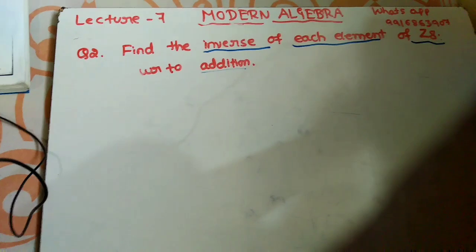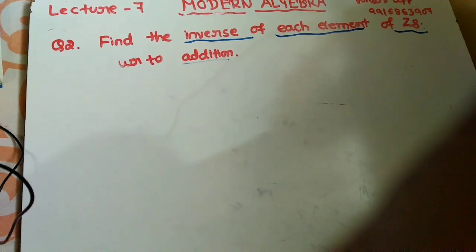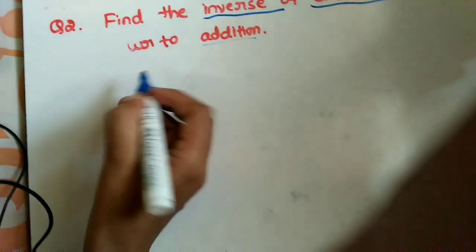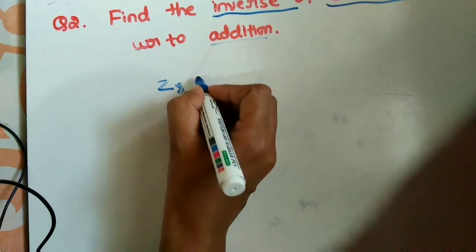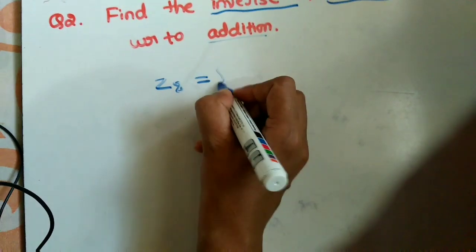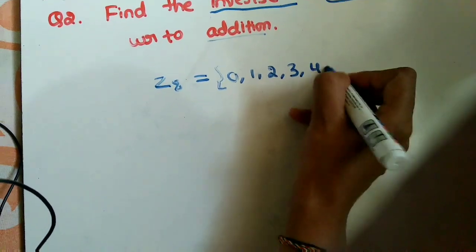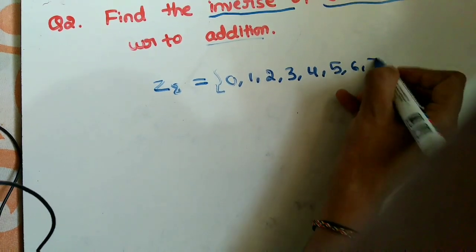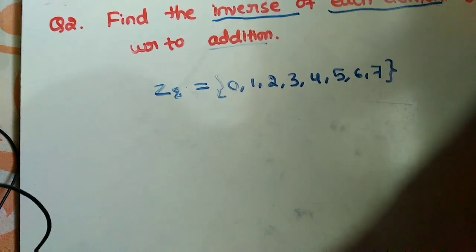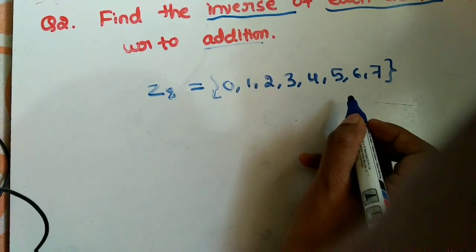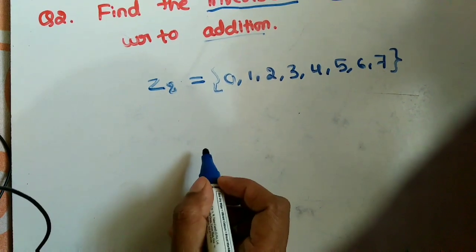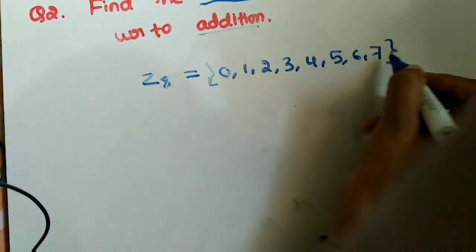Z8 is the set containing 0, 1, 2, 3, 4, 5, 6, 7. So Z8 contains all these elements.